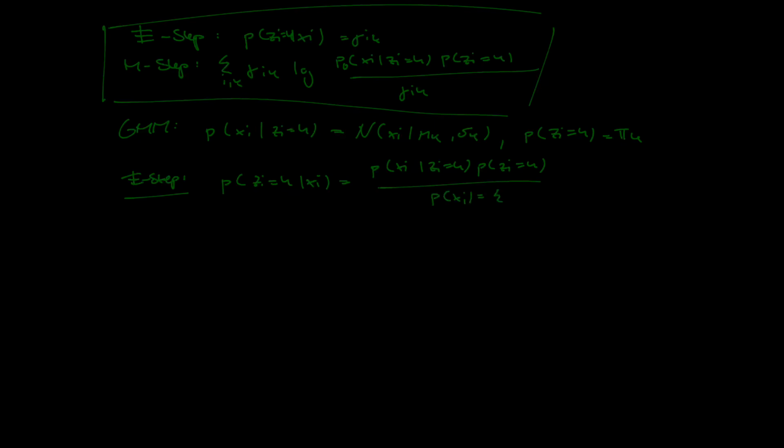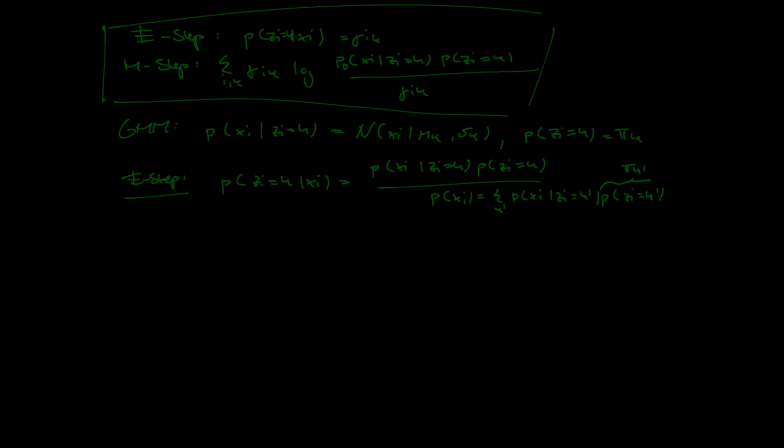And of course this can be rewritten as a sum over all k of p of x_i given z_i equals to k times p of z_i equals to k, which again of course is just this.